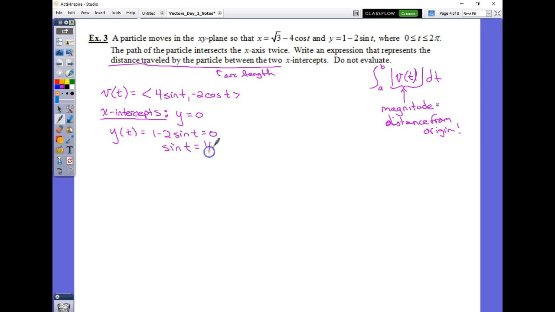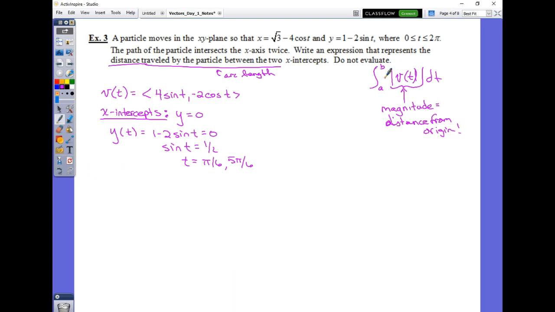Sine of t has to equal 1/2, and when does sine equal 1/2? It happens at pi over 6, and it also happens at 5 pi over 6. And from this information, you have enough to answer your question, because remember, we're not going to actually evaluate anything.